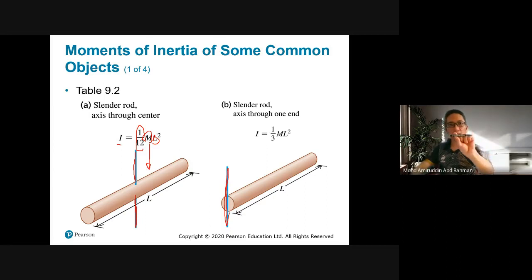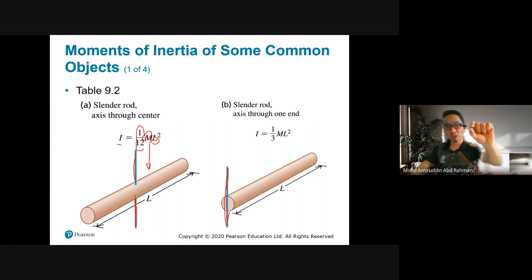If I put my hand at the center of this pen, it is easier to rotate. If I put my hand at the edge, you feel it is harder to move. That's one concept of moment of inertia.